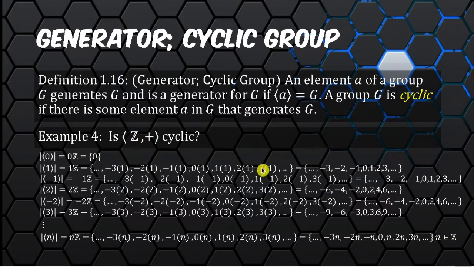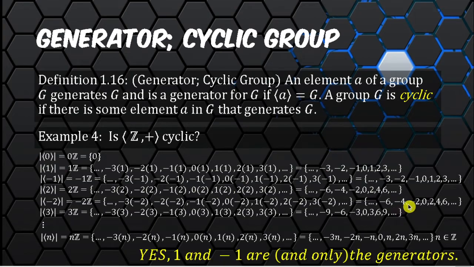So, hindi siya parehas dito sa set of integers. So, yes, the generators are 1 and -1, and they are actually the only generators for this particular set. So, sometimes, in a cyclic group, may isa lang, sometimes dalawa, sometimes marami. Depende kung ano yung group na binigay.